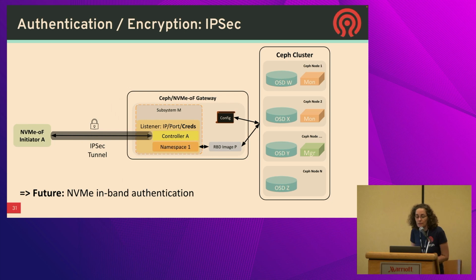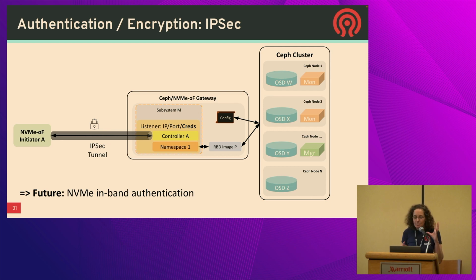Next is authentication and encryption. So Ceph has a built-in feature so that all the traffic between the Ceph components and RBD is encrypted. But we need to handle the encryption also between the initiator and the gateway. We decided to go with IPsec or VPN.